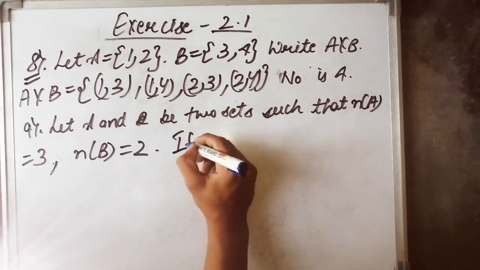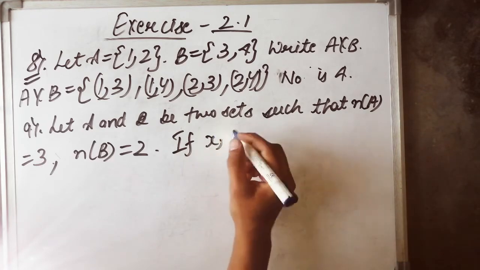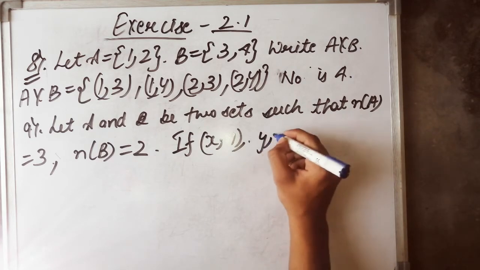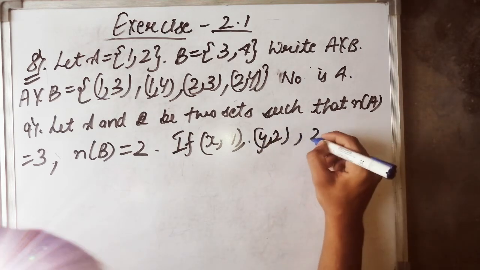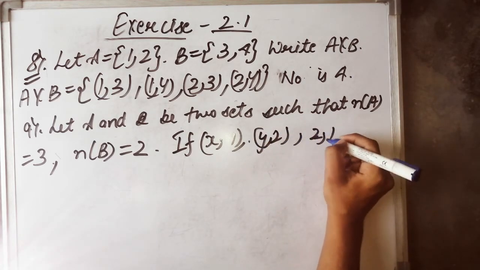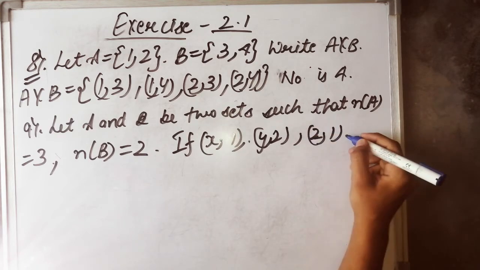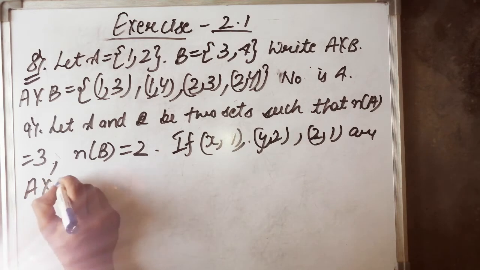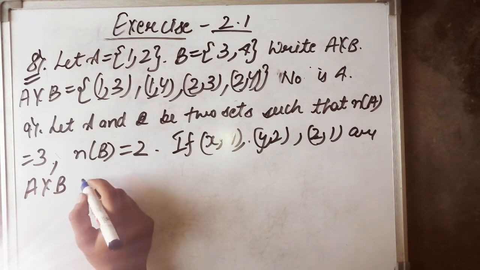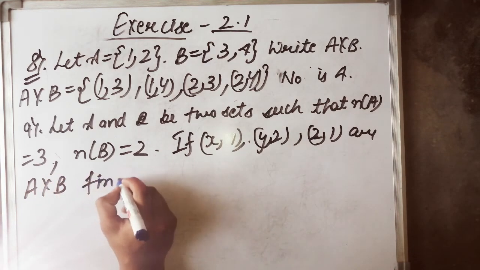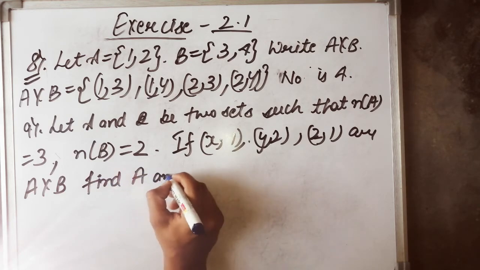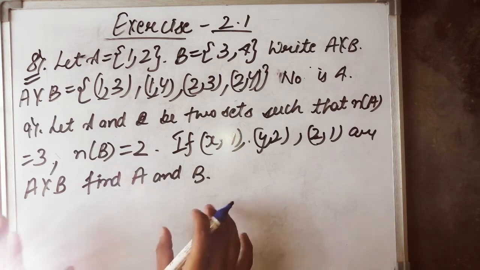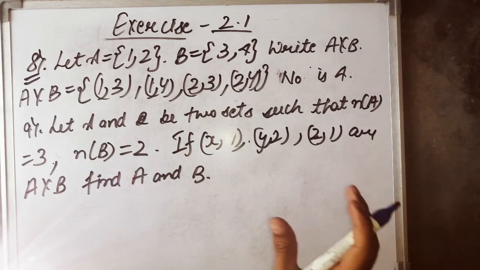If (x, 1), (y, 2), (z, 1) are in A cross B, find A and B. In this question we need to find out simply the A and B sets, and the rest of the statement is just given to confuse you guys.